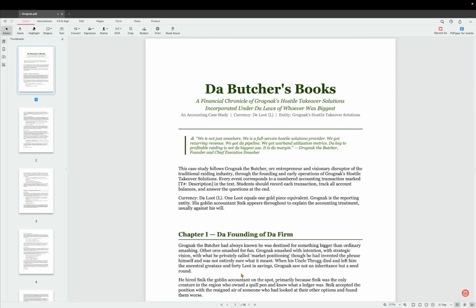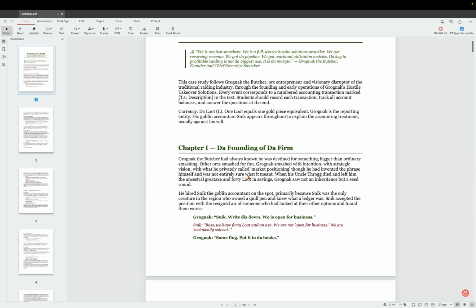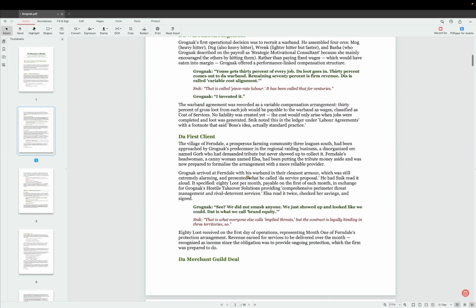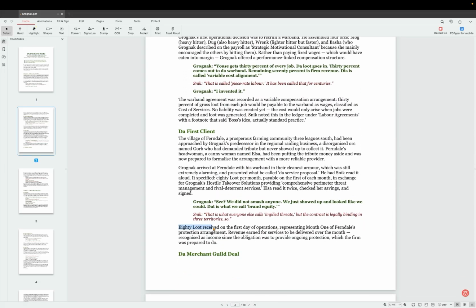So now I will identify the second transaction before recording any account entry. In this transaction, Grognak receives 80 loot from Ferndale's production arrangement in exchange for providing protection services.